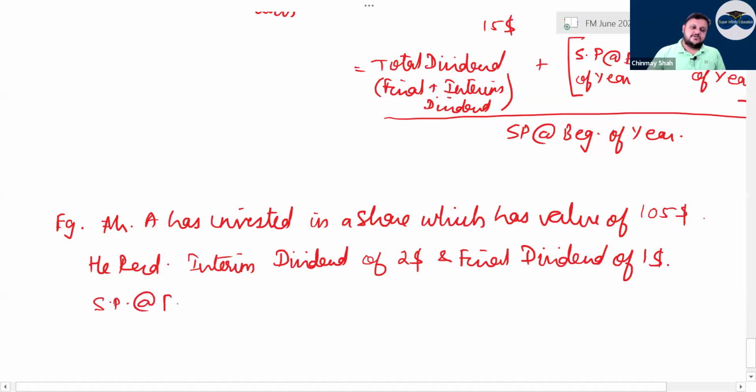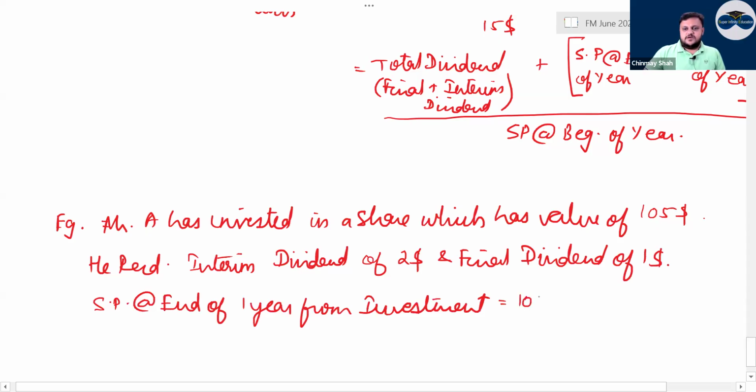Share price at end of 1 year from investment is equal to $106.5. Calculate TSR.